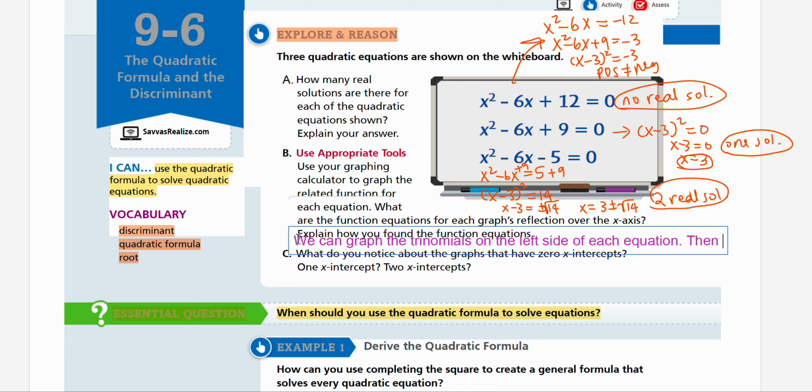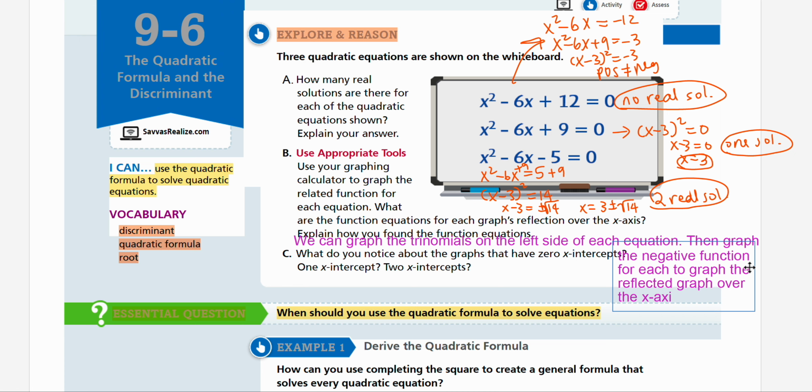Then graph the negative function for each to graph the reflected graph over the x-axis.